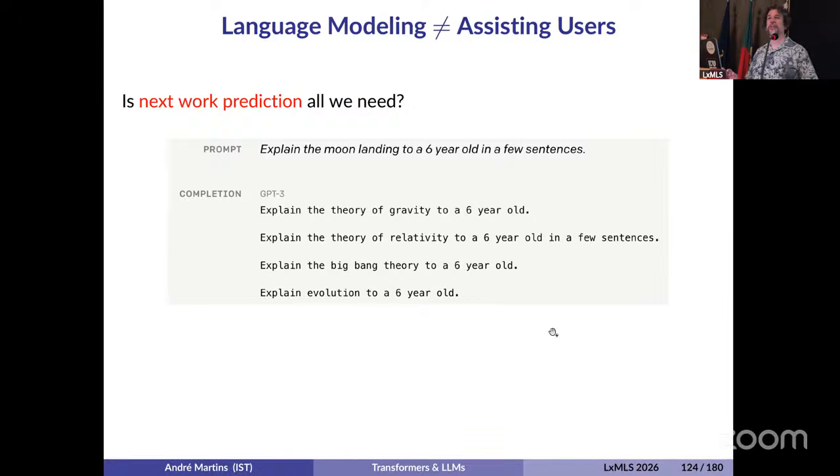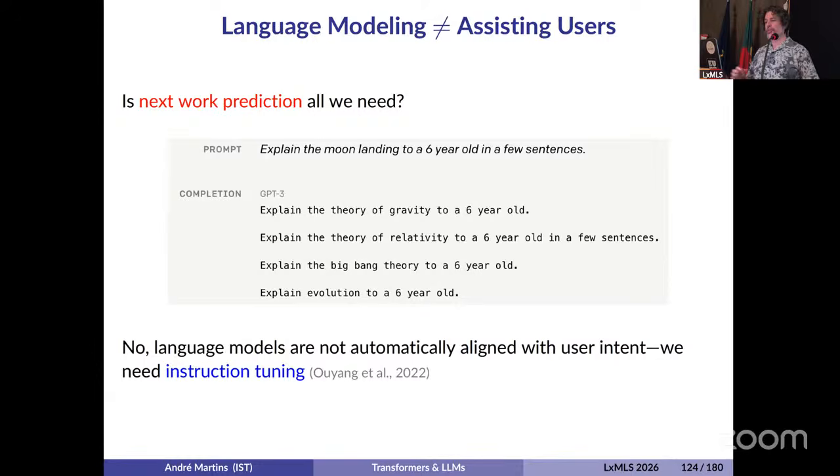It's not going to generate an answer to your question. It's going to generate plausible ways to continue from these prompts, which might include further questions as opposed to an answer.